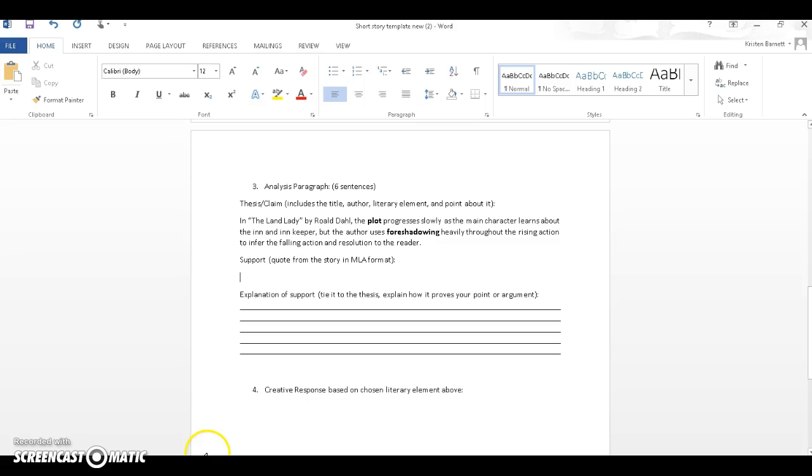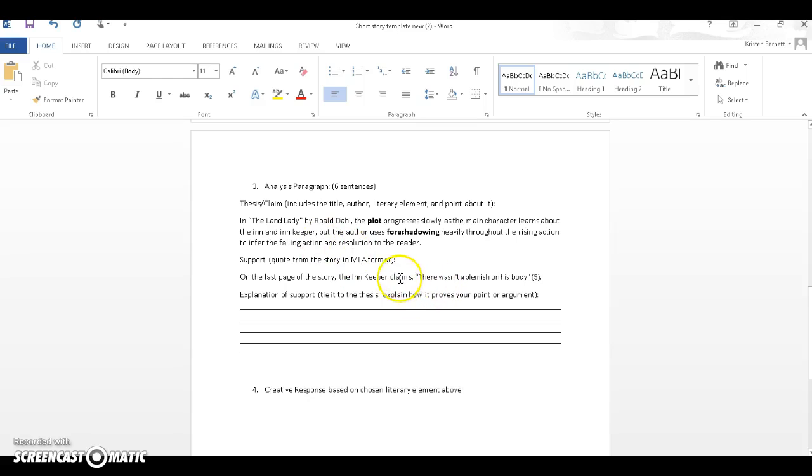So back to our example. On the last page of the story, the innkeeper claims. So introduce your quote, quote it. In MLA format, you need the page number, so 5.